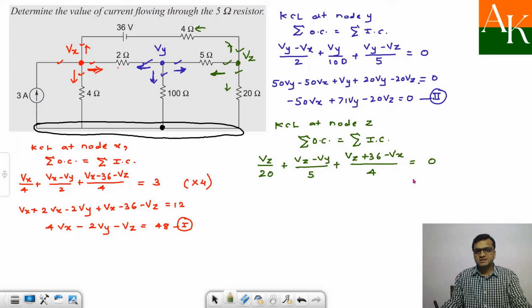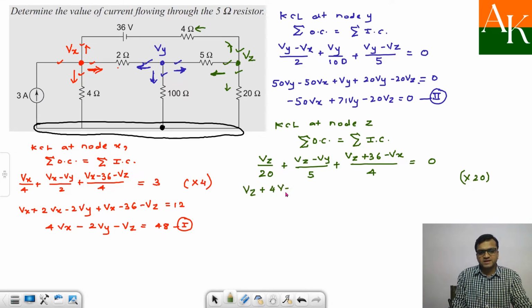Now the LCM is 20, so I will multiply throughout by 20, and this will give me Vz plus 4Vz minus 4Vy plus 5Vz, and this will become 36 into 5, 180, minus 5Vx is equal to 0.